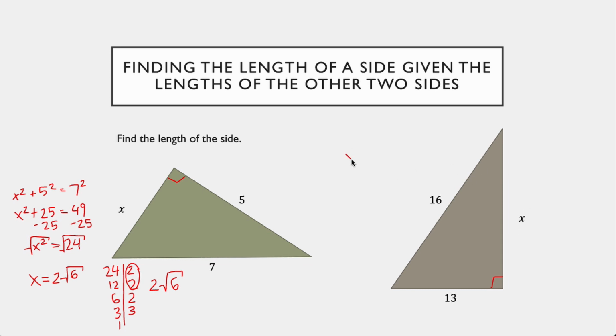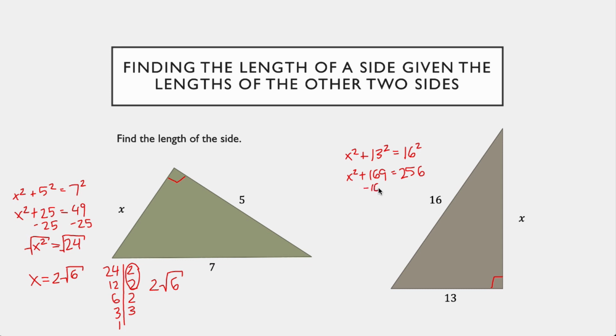So x squared plus, again, this is not the hypotenuse, 13 squared is equal to 16 squared. Simplify that, and we get x squared plus 169 is equal to 256.